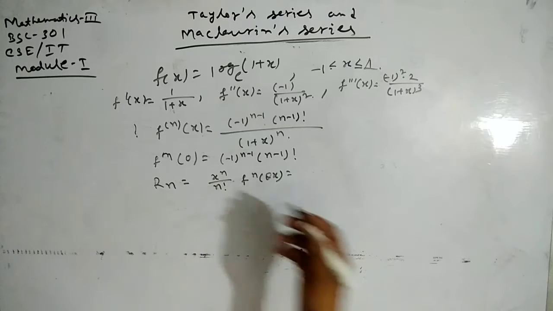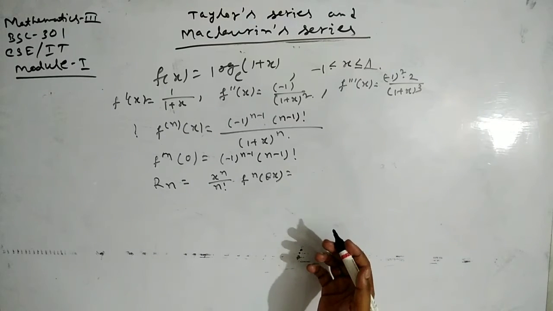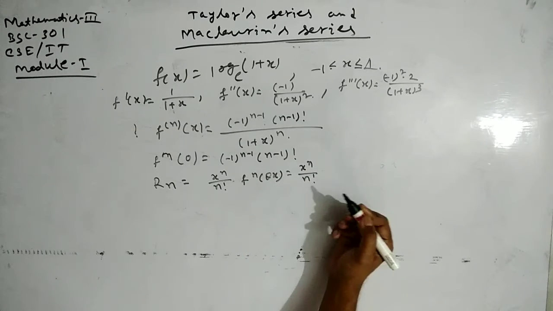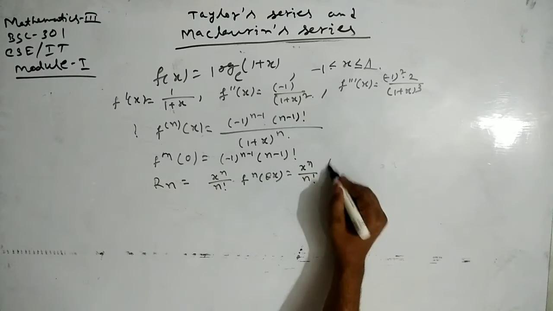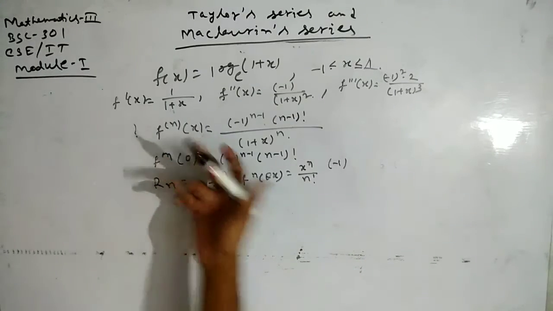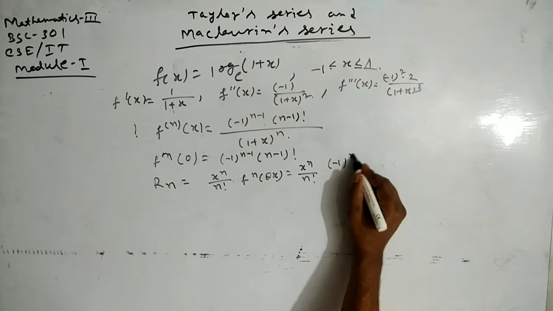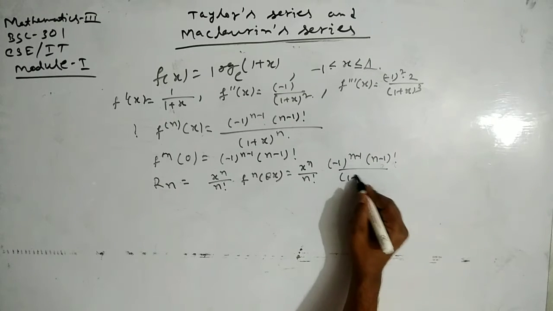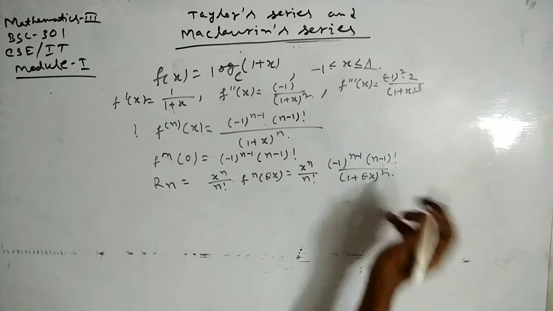This is Lagrange's form of remainder in the Maclaurin infinite series. So this will be equal to x to the power n by n factorial, (-1) to the power n minus 1, since we are putting theta x in place of x, into n minus 1 factorial by (1 plus theta x) whole to the power n.